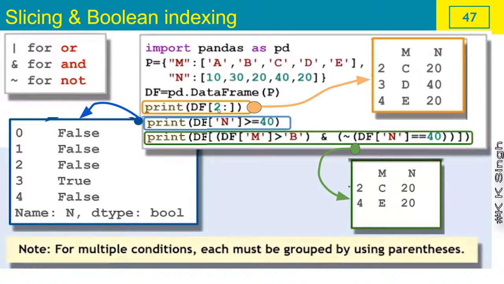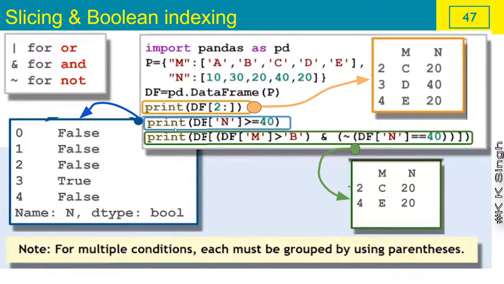So where are you starting from? From 2, 2 onwards. So you will have to print 2 onwards all the values of both the columns. All the rows starting from 2 and having columns m and n. So here on index number 2, there is C, D and E, and the values are 20, 40 and 20. So this is the output.